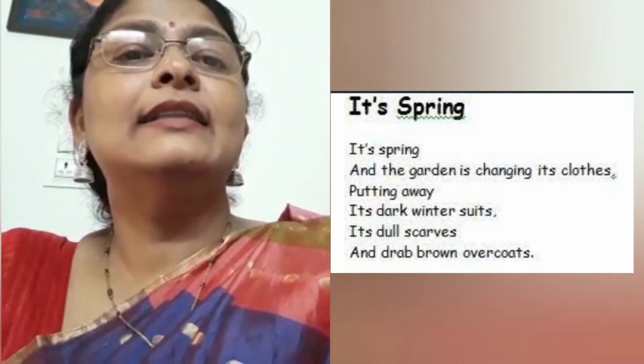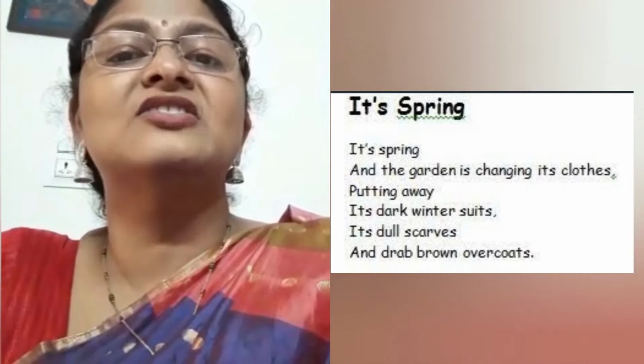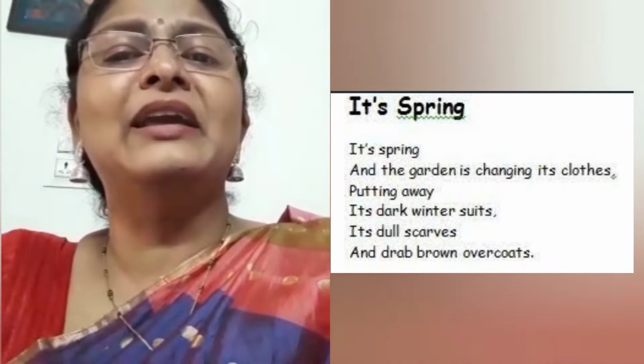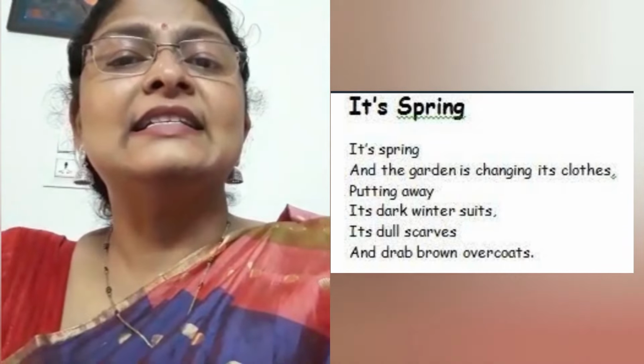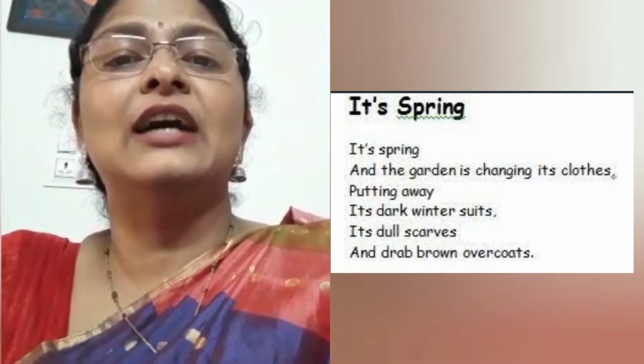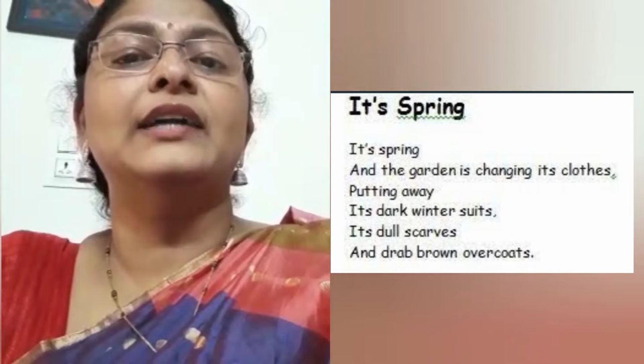As it is said that the spring is changing its clothes. Usually human beings change clothes, isn't it? So, like a human being, the spring season is changing its clothes and trying to wear beautiful, colorful ones. Okay. So I just wanted to make that part clear to you.